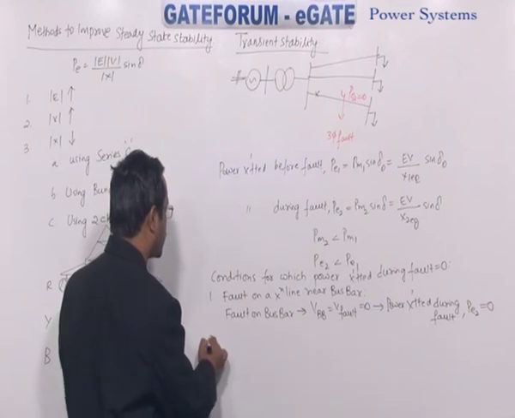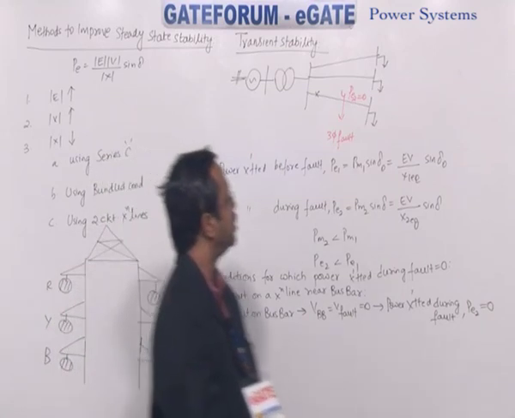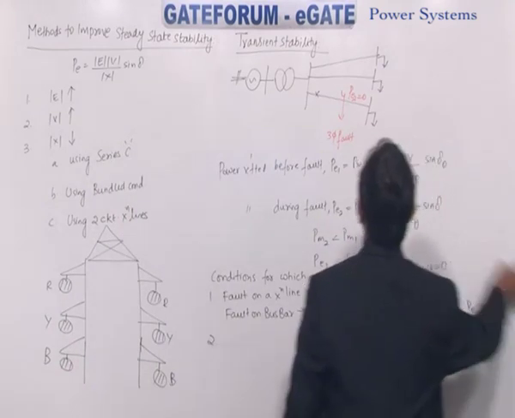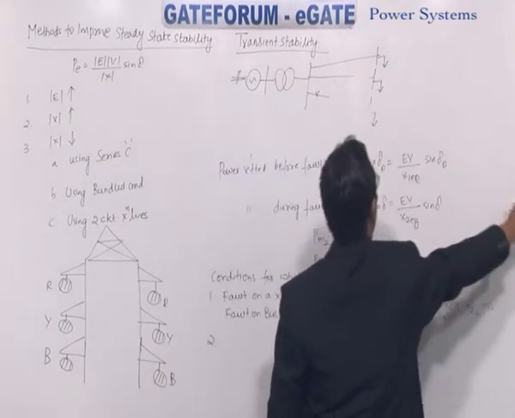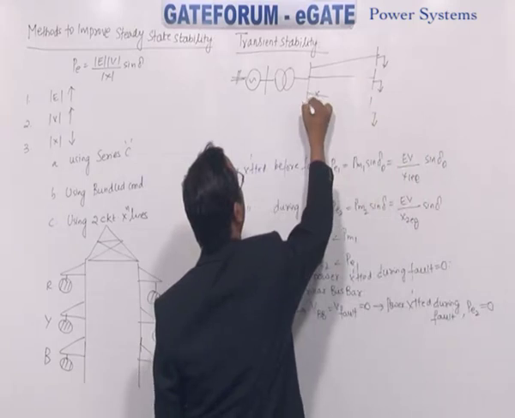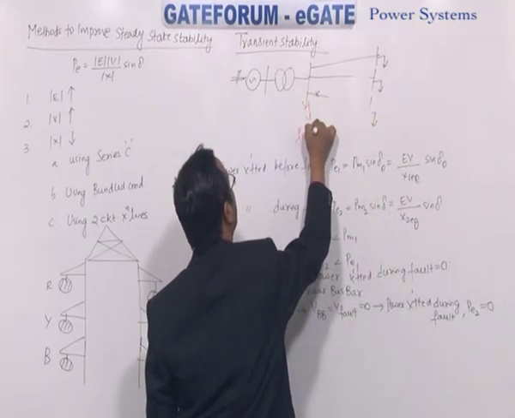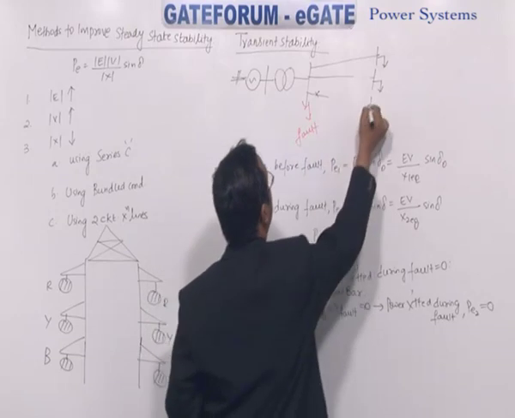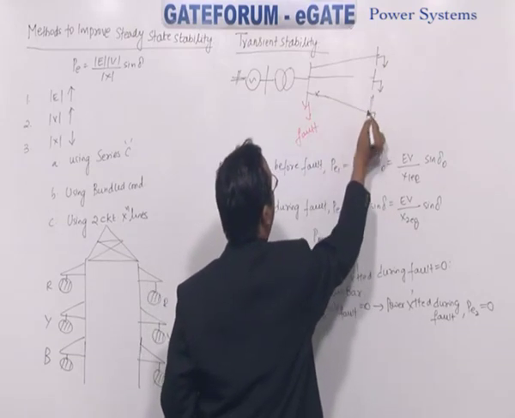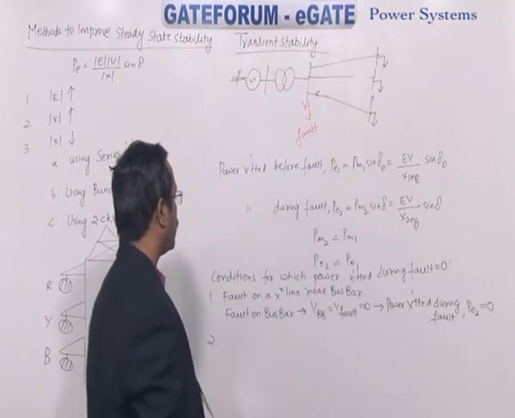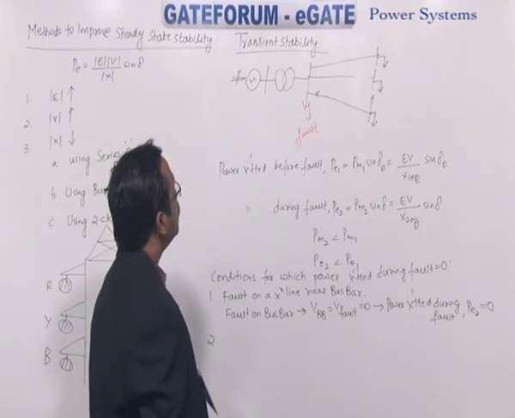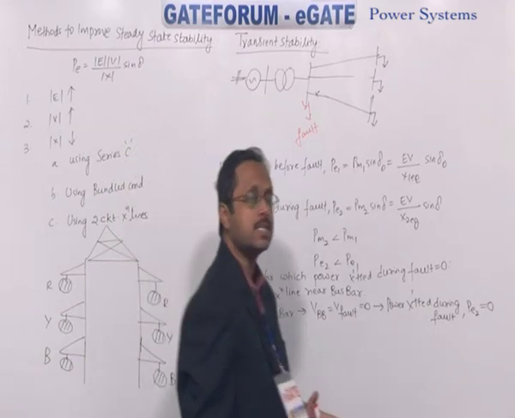The second condition is, say now a three-phase fault has directly occurred on the bus bar. So due to that, what happens?